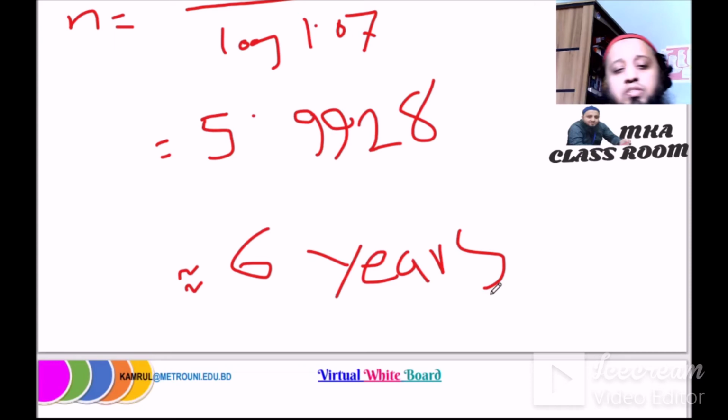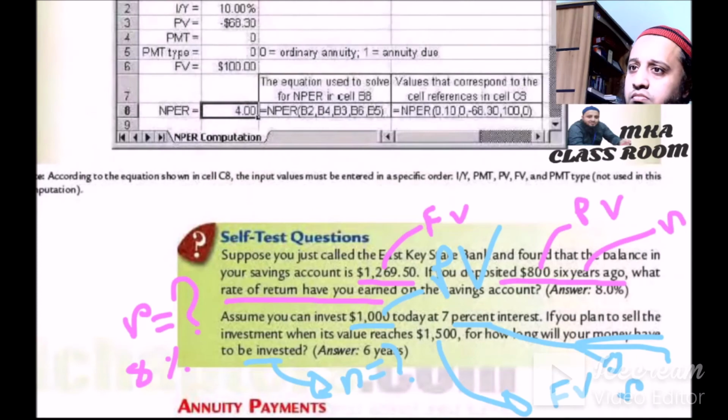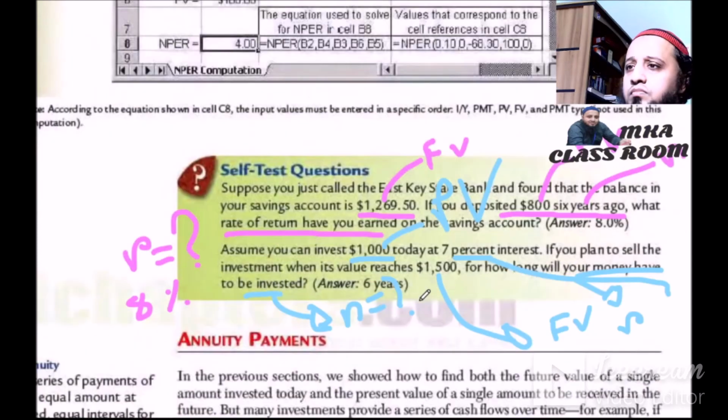So you can write your answer as 6 years. How long will your money have to be invested? Your answer is n equals 6 years.